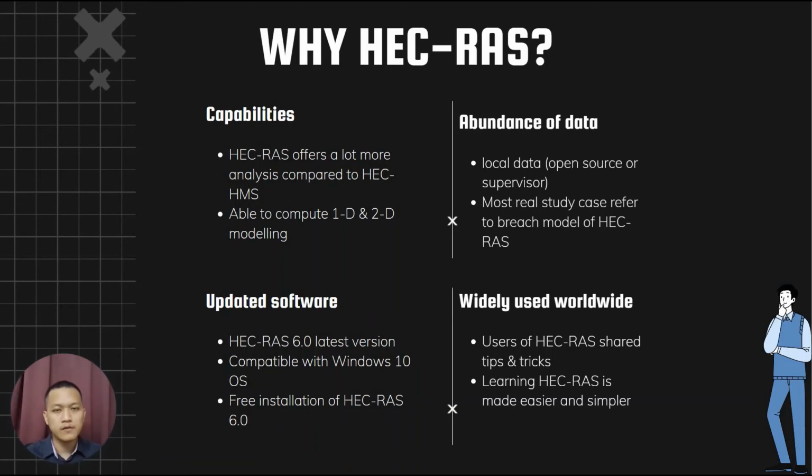HEC-RAS has a lot of local data which can be obtained from open source or from my supervisor, and most real study cases refer to the bridge model of HEC-RAS. HEC-RAS 6.0 is the latest version, and it is compatible with the Windows 10 operating system, and it is also free for installation.